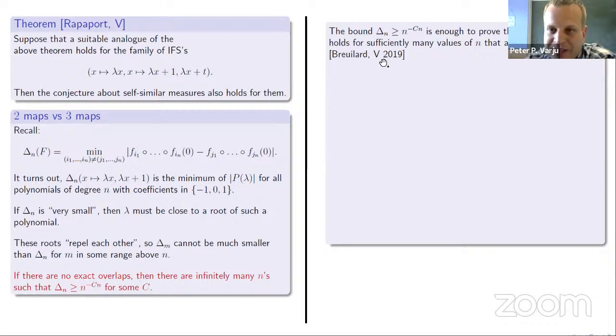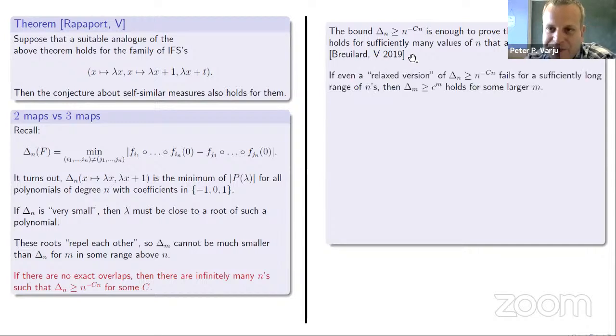So actually, these dates that you see here do not reflect the true chronological order. These papers were all written before my 2018 paper, where I proved the conjecture for two maps. It's just that they appeared later.